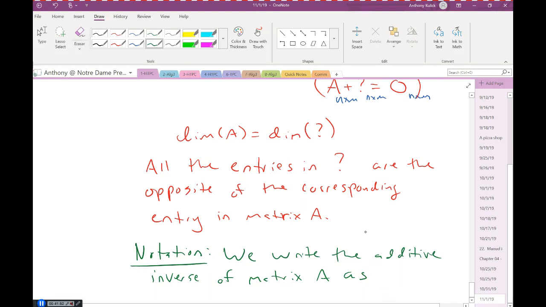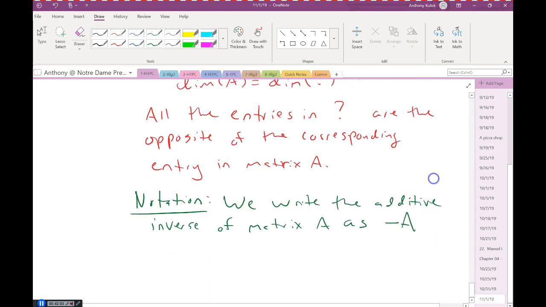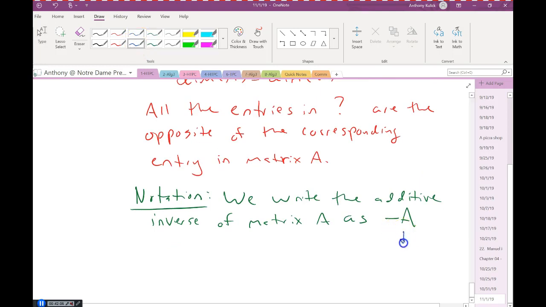Yeah, we'll write it as negative A. Okay with that? Worth pointing out that negative A would imply scalar multiplication of negative 1 to that matrix A, which would be negating every entry inside of A, right?